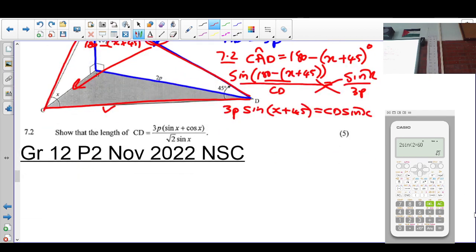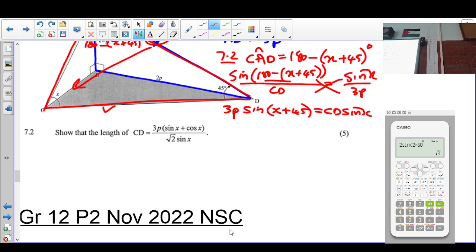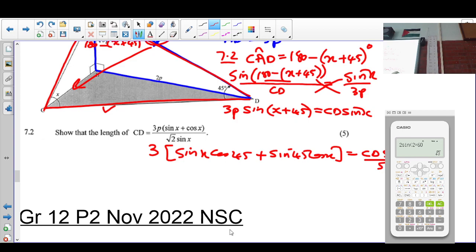I'm going to expand the sine compound angle. It's going to be 3p sine x cos 45 plus sine 45 cos x equals CD sine x. So I divide by sine x both sides.